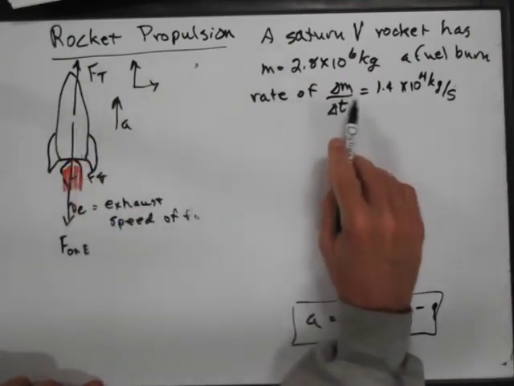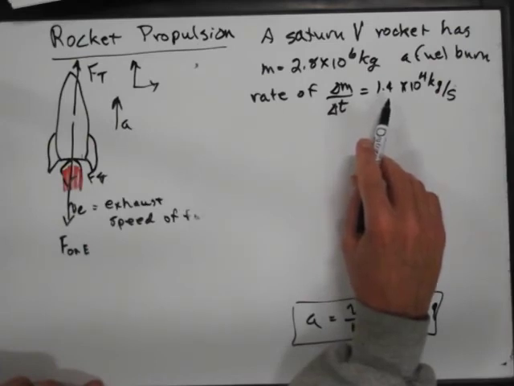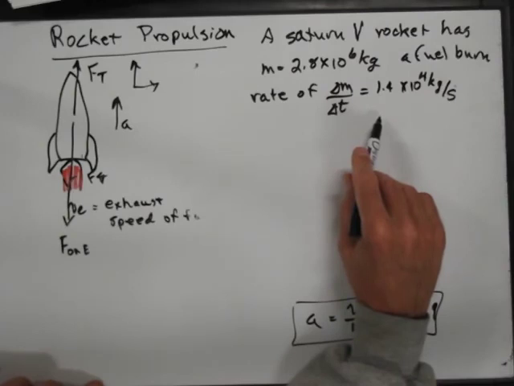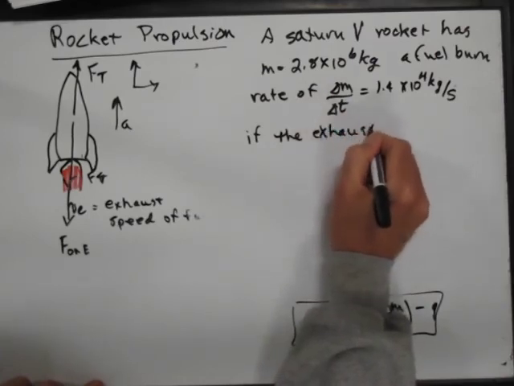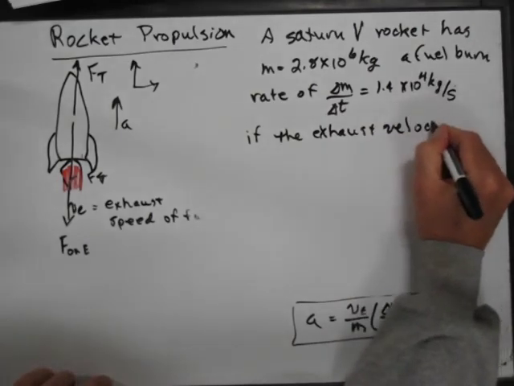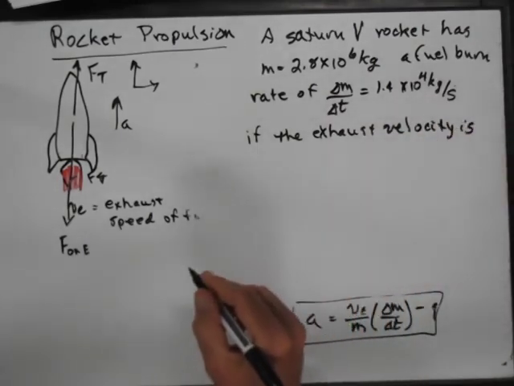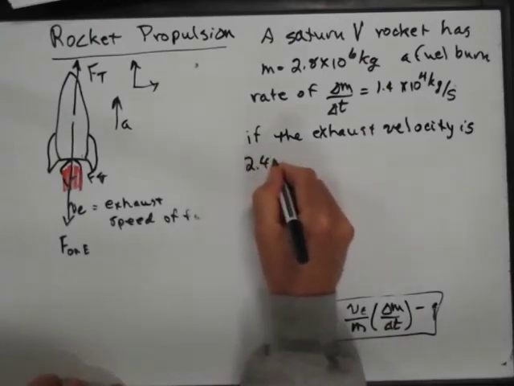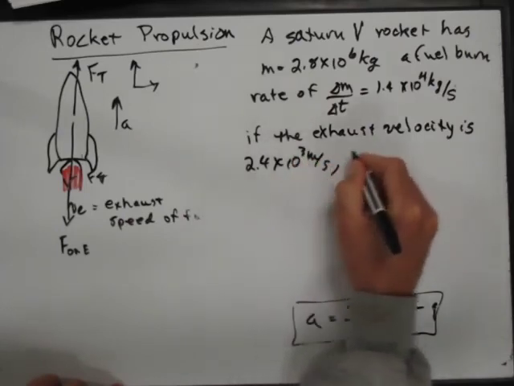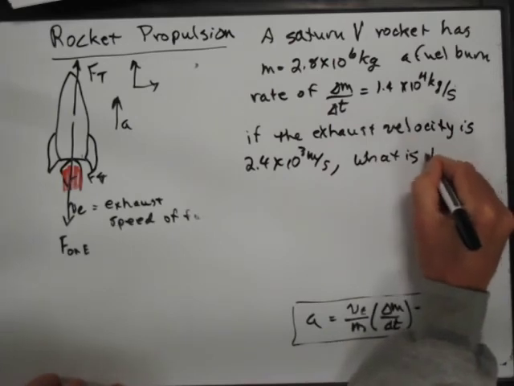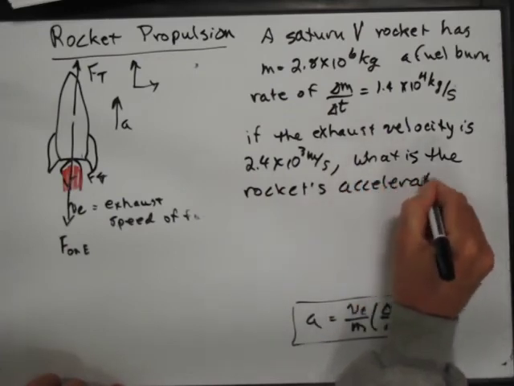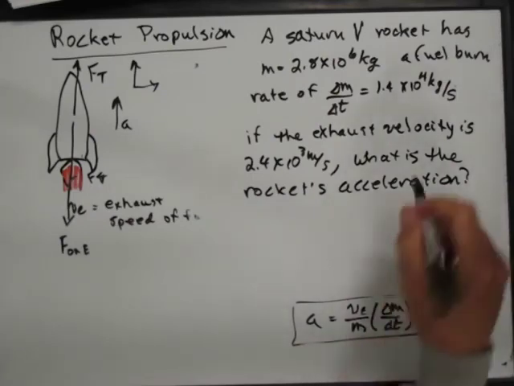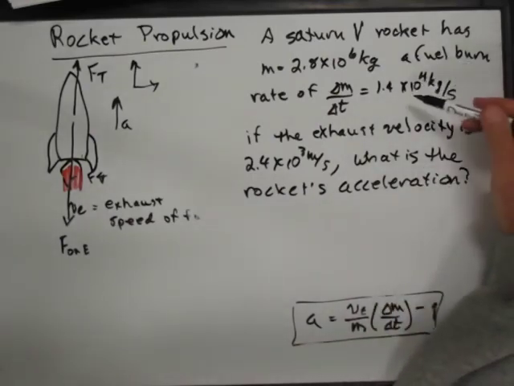And a fuel burn rate, delta M over delta T, how fast it's shooting fuel out the back, of 1.4 times 10 to the 4th kilograms per second.